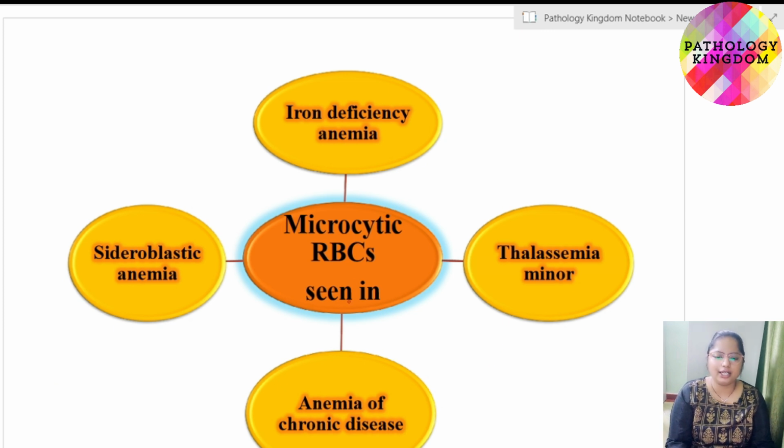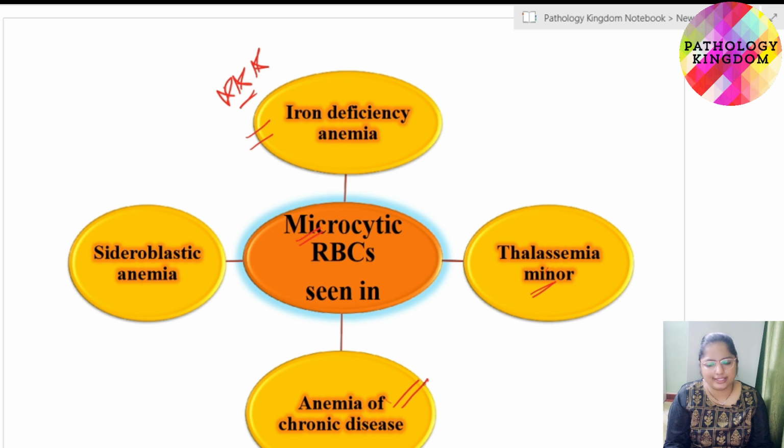Now coming on to the examples of microcytic and macrocytic RBCs. So microcytic RBCs are seen in iron deficiency anemia. This is the most common cause of microcytic and hypochromic anemia. Microcytic RBCs are seen in iron deficiency anemia, thalassemia minor, anemia of chronic disease, and sideroblastic anemia.